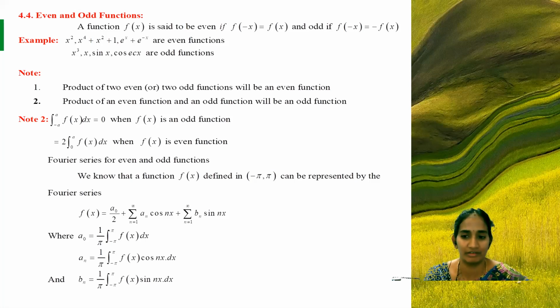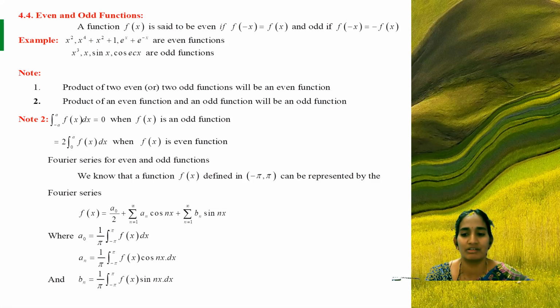So in your function, every x place you are replacing with minus x, and once again you are getting the same function. That is f of minus x equals f of x. And odd: if f of minus x equals minus f of x.